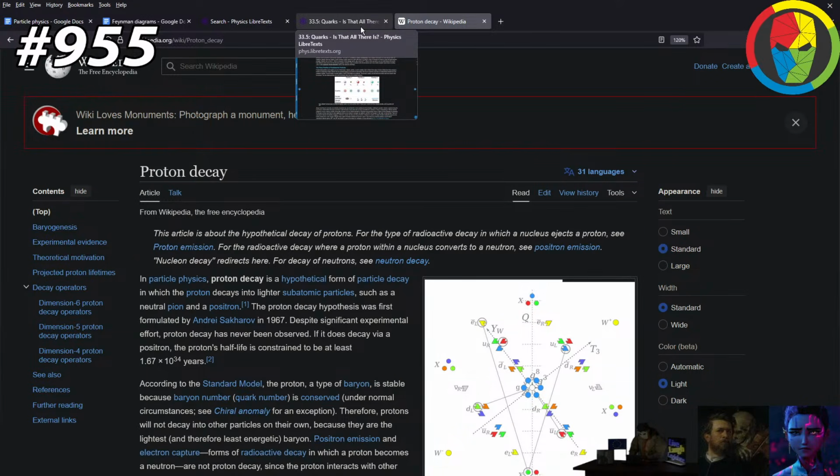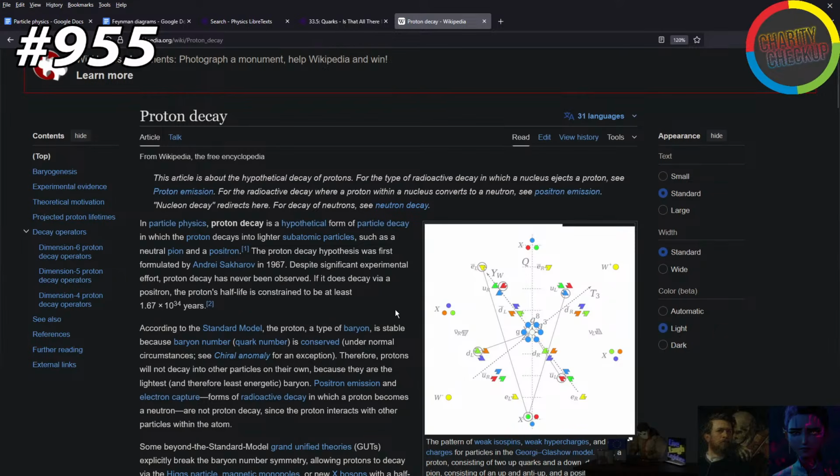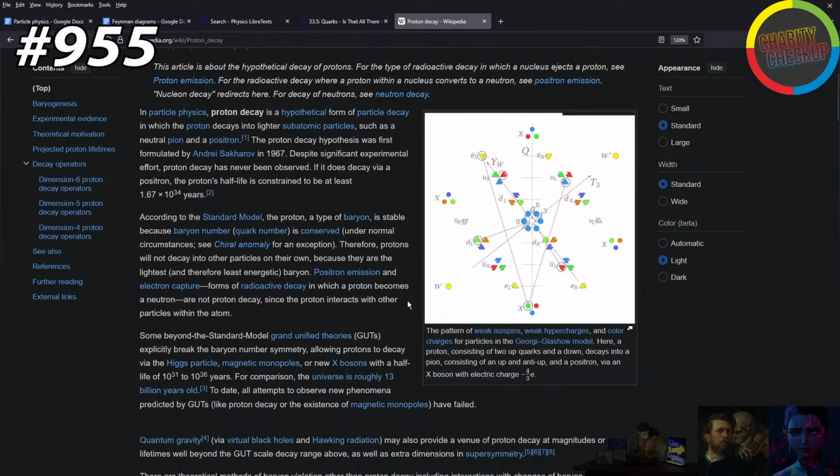Hypothetical decay of photons. Keep in mind protons. I mean, Brickmaster just asked, are you graphing the wave function of the actual particles in the Feynman diagram? I don't know what you mean with graphing the wave functions.